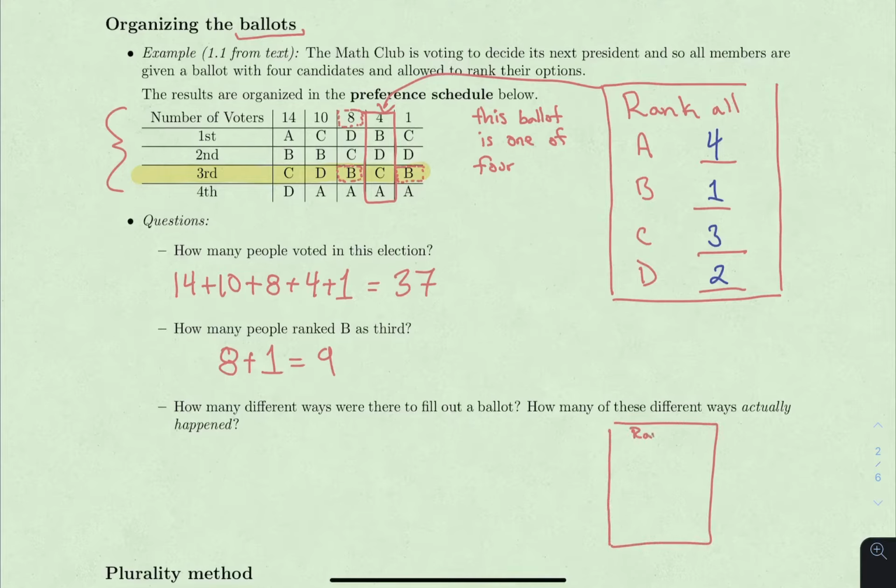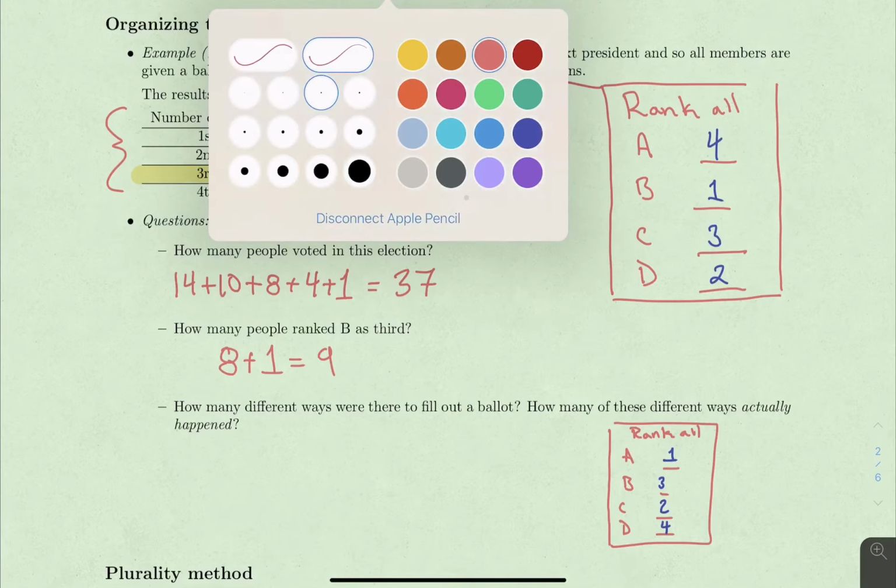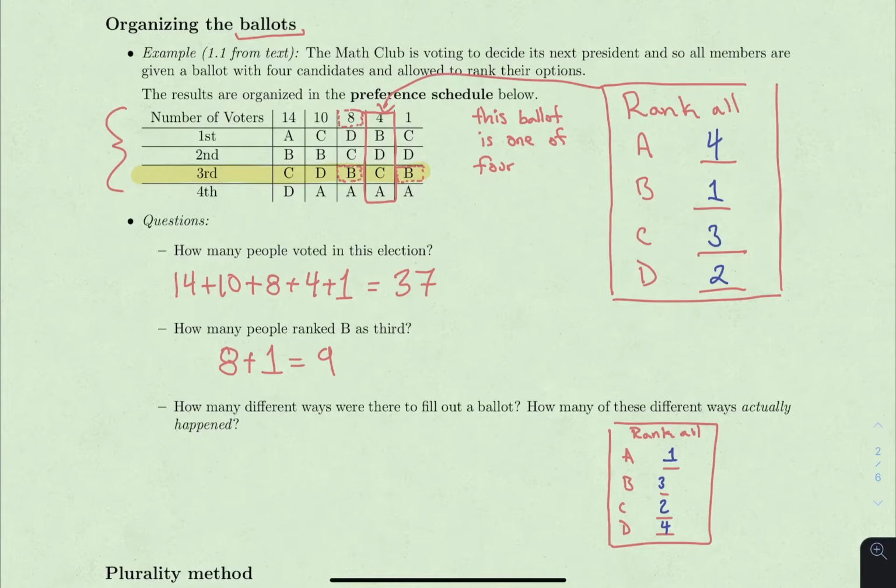So say rank all, A, B, C, D. You could have absolutely thought A was the best, C was the second best, B was third, and D was fourth. But notice, nobody voted this way. In the preference schedule, there is no A, C, B, D.